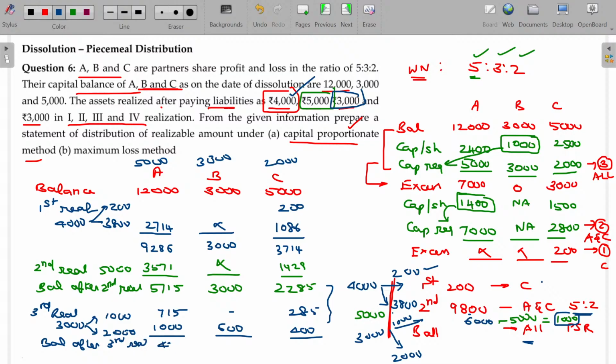How much? 4,000, 2,400, 1,600. Hereafter, any amount of realization you may get is shared among the partners in which ratio? In their normal P&L ratio. After points 1 and 2, thereafter all the three partners are eligible.